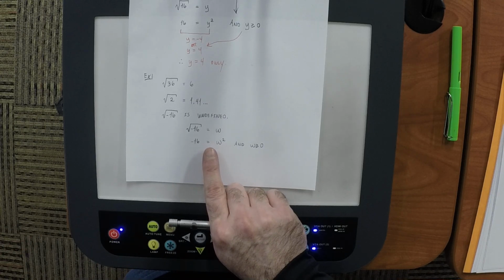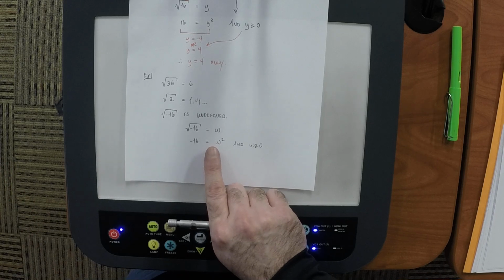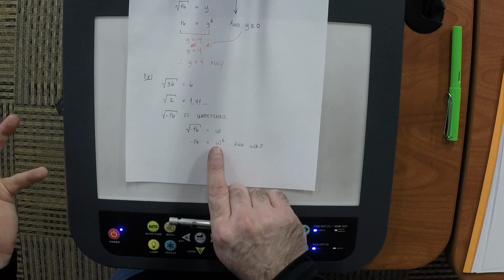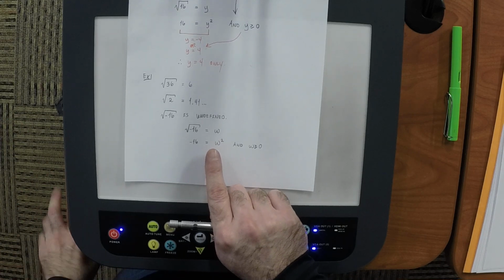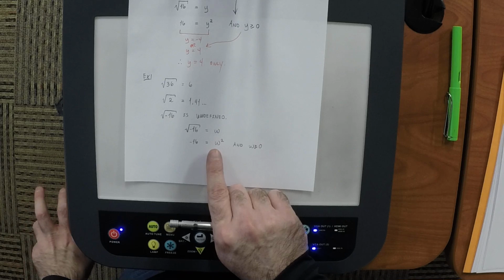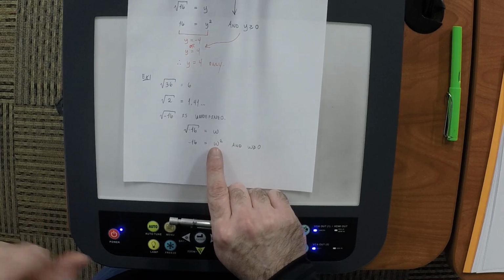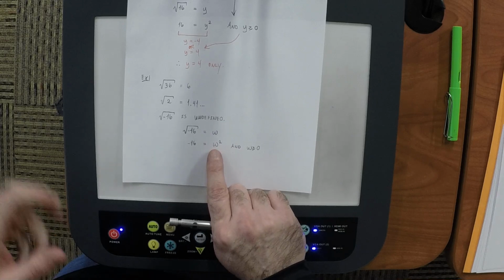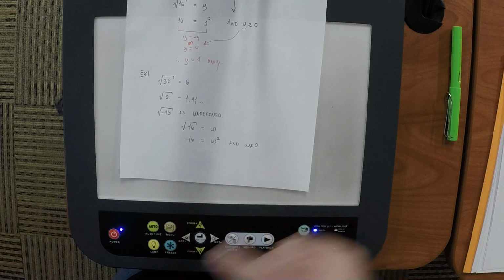So W couldn't be positive. Could W be a negative number? No, because when you square a negative number, you get something positive. So W couldn't be negative. So we've eliminated almost all possibilities. What's the last possibility? 0 is the last real number. And so 0 squared is 0, and it's not negative 16. So there's no W that does this. There isn't one.